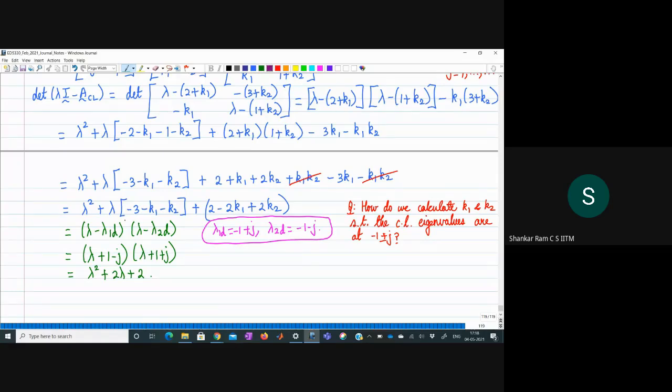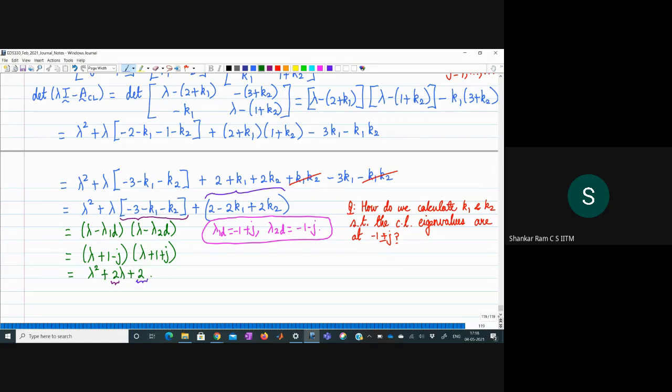Now we just need to match, right? If we look at the closed loop characteristic polynomial in terms of the parameters k1 and k2, the coefficient of lambda is minus 3 minus k1 minus k2. So that should be equal to plus 2. Then the constant term, which is 2 minus 2k1 plus 2k2, should be equal to plus 2.